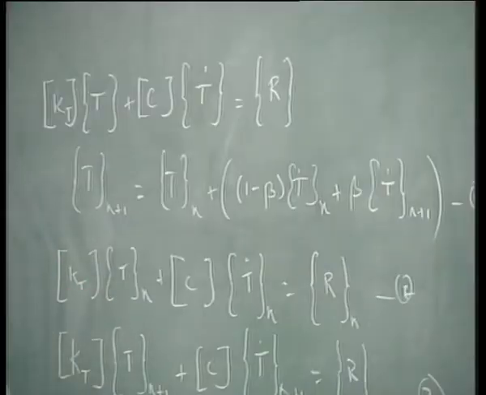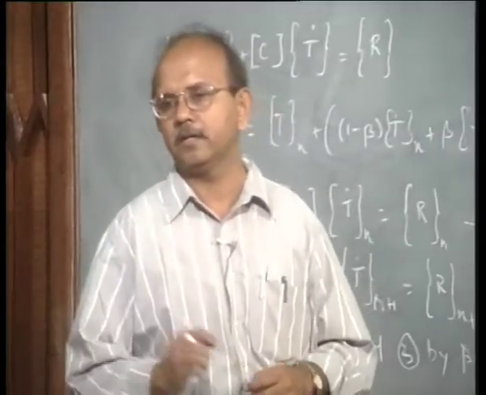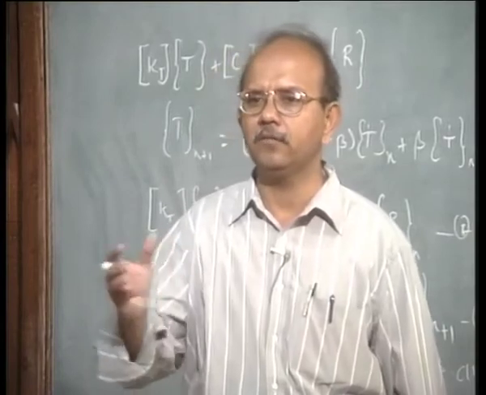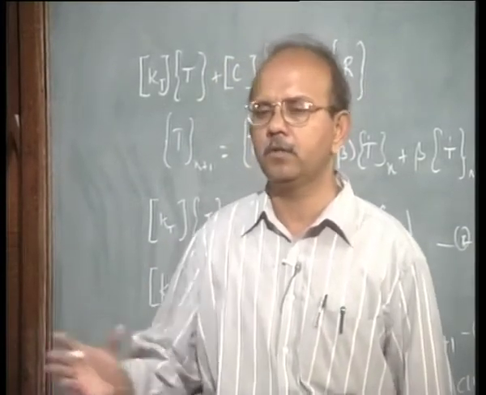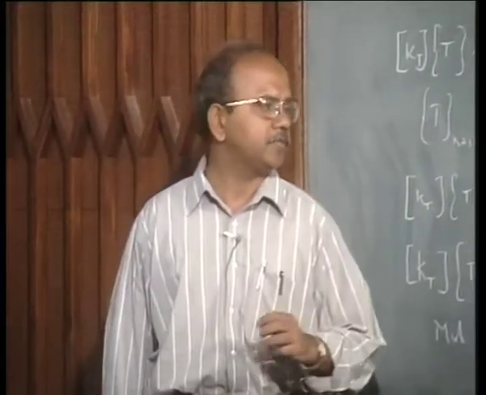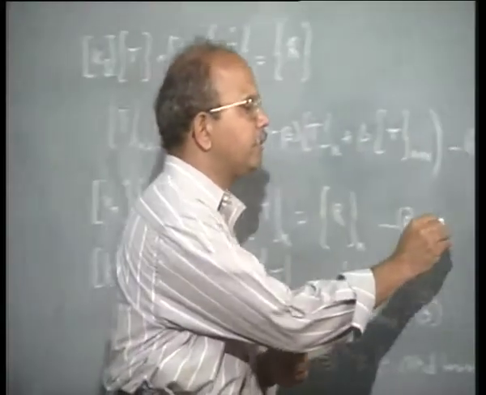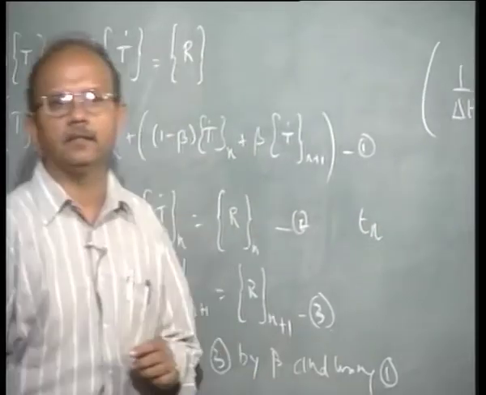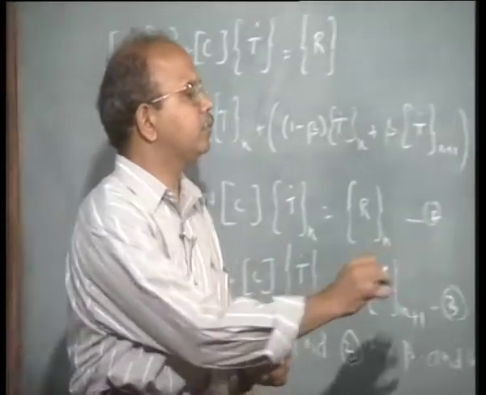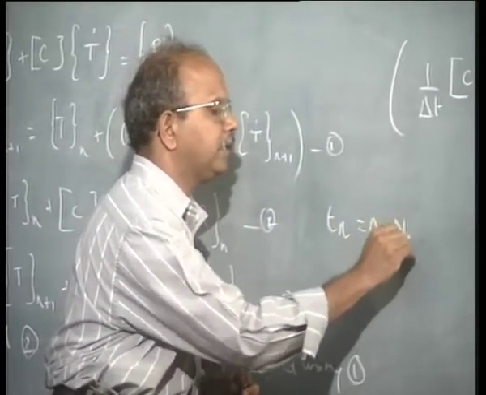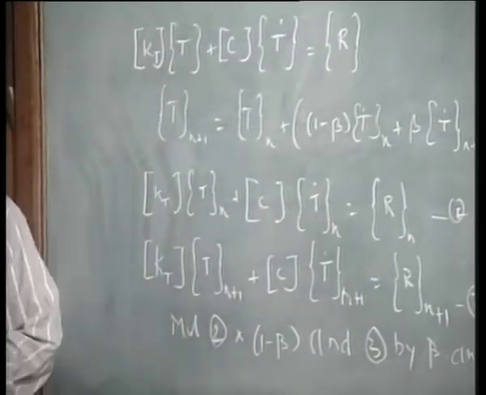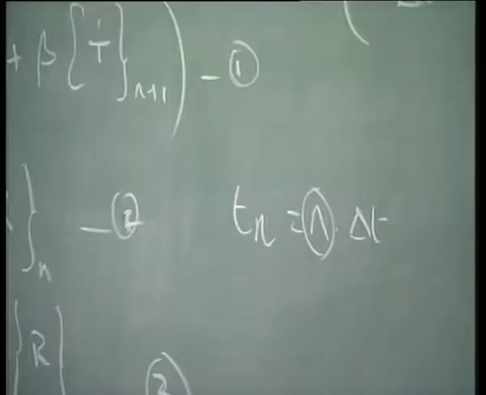Please note that we had started with time t equal to 0. We have a time step delta t, and we keep marching, all those things I hope you are clear. At any time step we usually denote it by means of a subscript, say t n. If it is a constant time step, then t n is equal to n into delta t, where n is the number of increments of the time step, right.